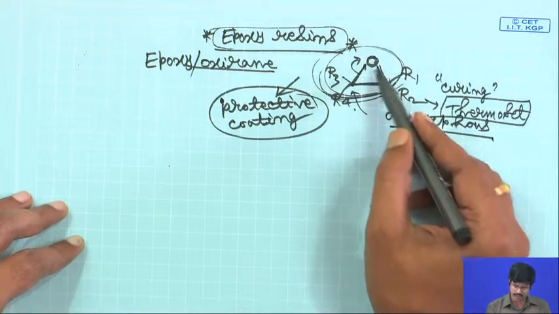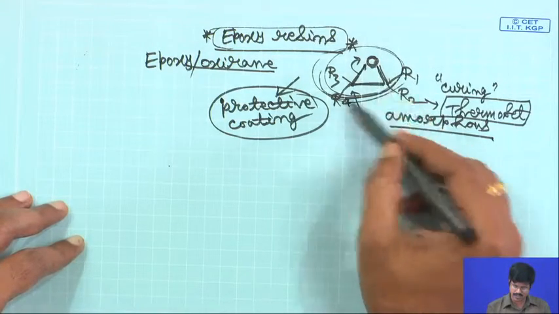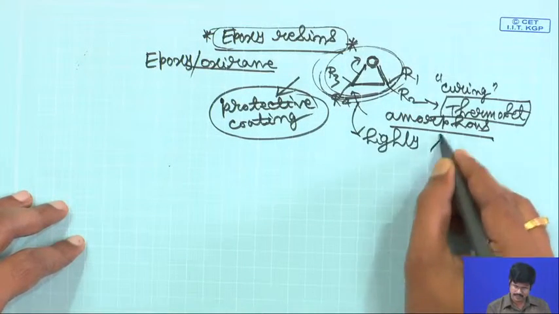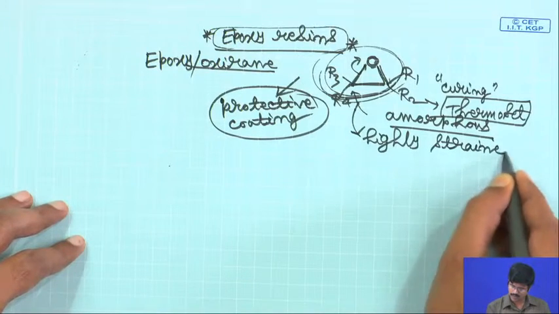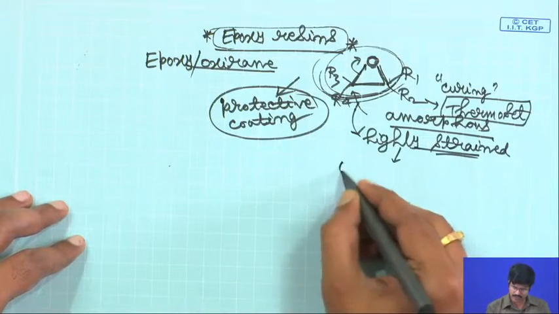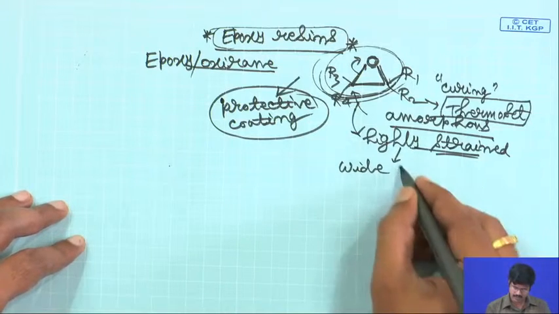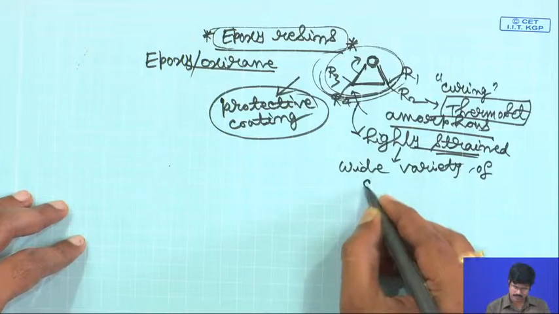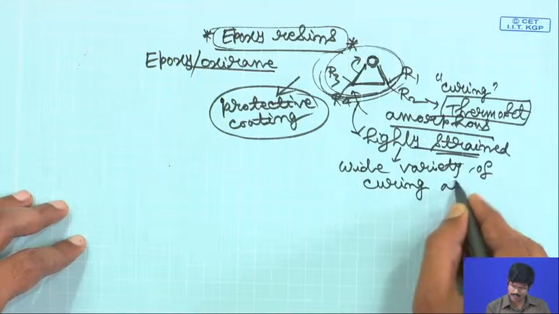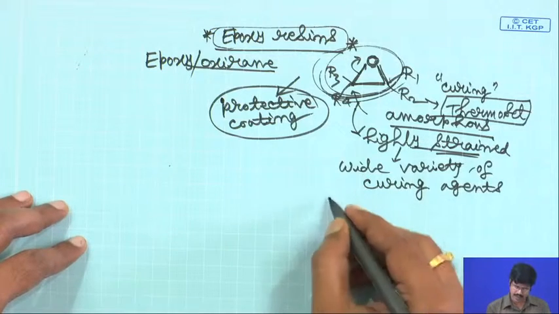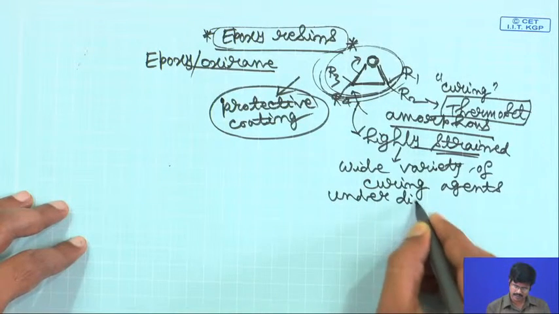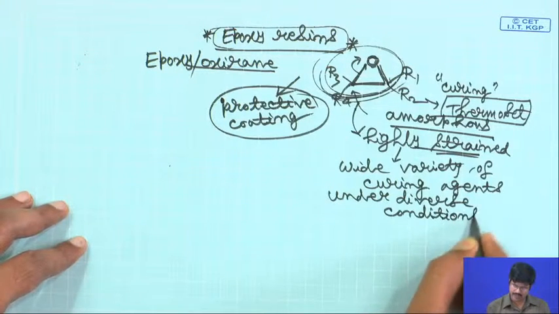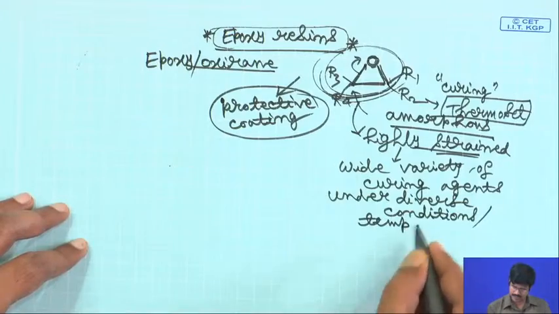this is a 3-membered ring and an oxygen is present. So, this is a highly strained system. So, that is why they can react with a wide variety of curing agents under diverse conditions or diverse different temperatures.